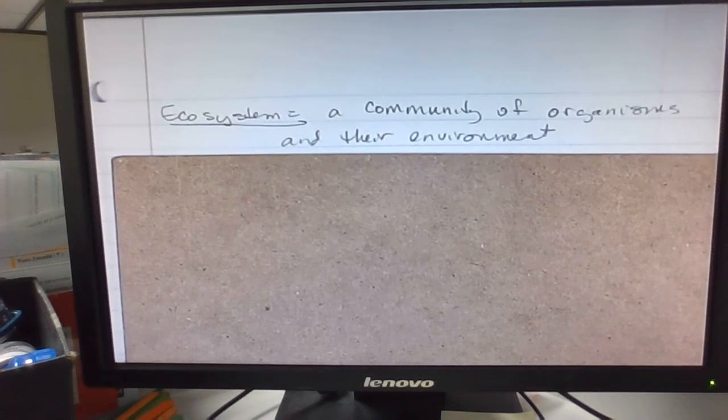An ecosystem is a community of organisms and their environment.